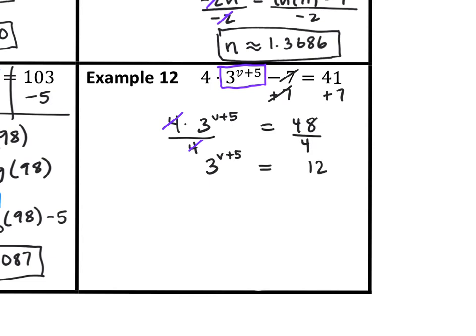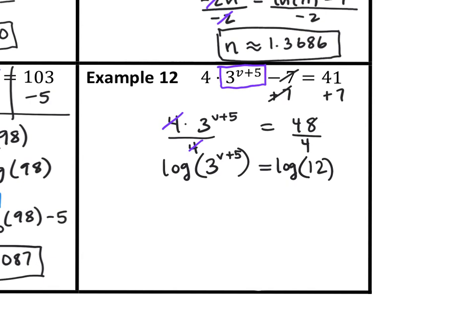Okay, the next step, we're going to use log on both sides because, again, what's the base of this exponential? It has a base of 3, right? So we're going to use log. And so we're going to put a log in front of the left side and a log in front of the right side.